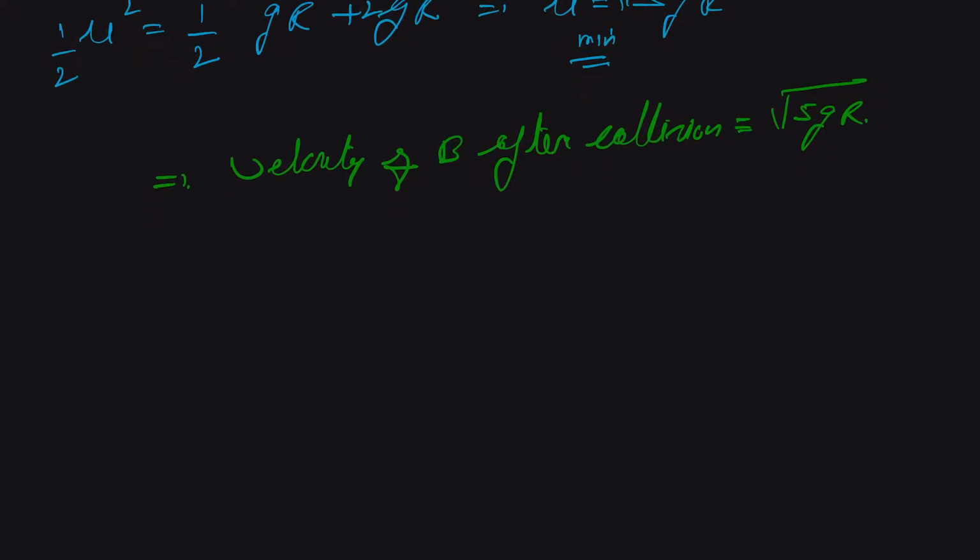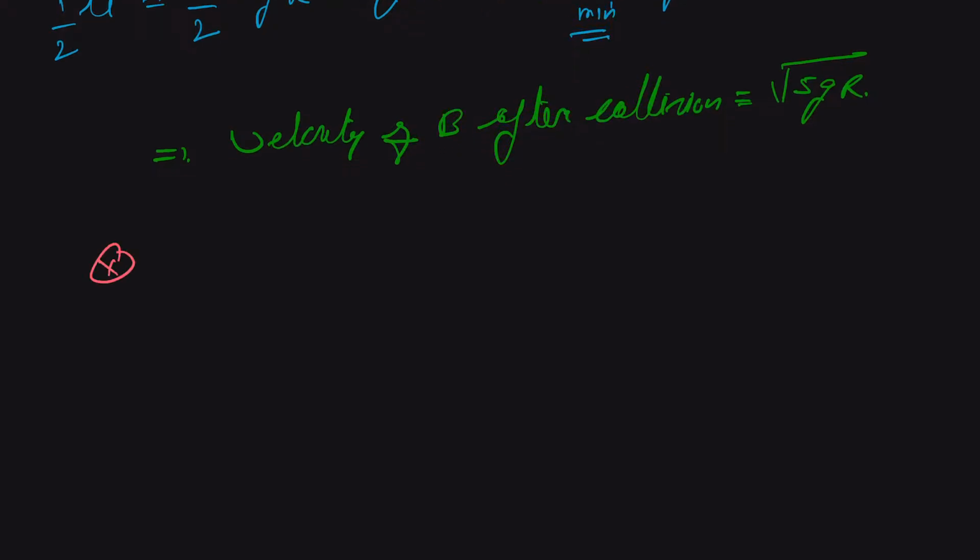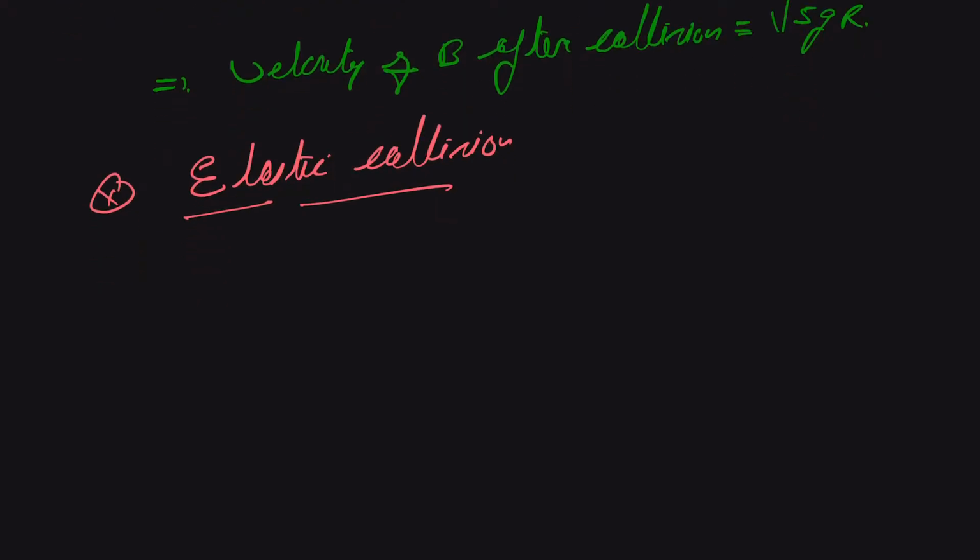Now we come to our collision part. You can see this is our elastic collision, and the elastic collision is of equal masses. So for equal masses, B was initially at rest and the collision was head on.